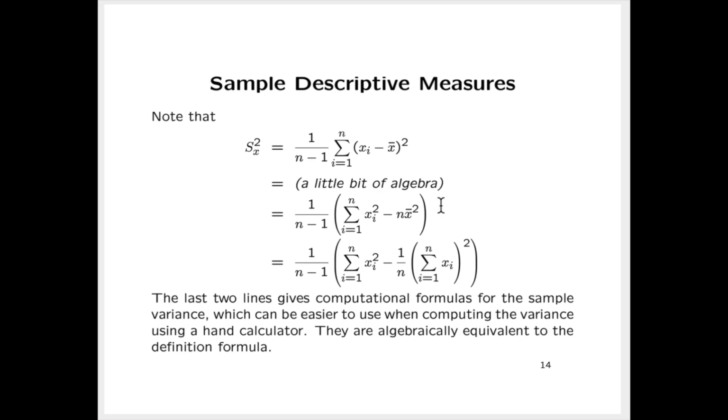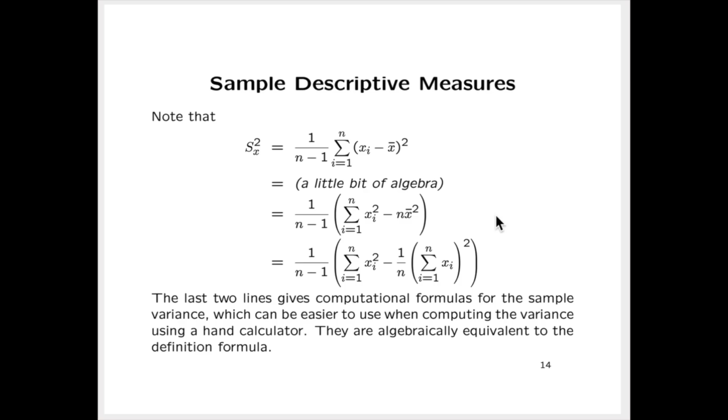Just make sure that when you are using these computational formulas, and in particular this second one that involves the sample mean, where we square that, make sure that you use as much precision as possible in the sample mean, because once you start rounding these quantities, you start introducing rounding error into the calculations.